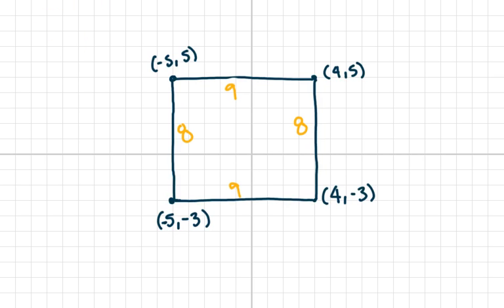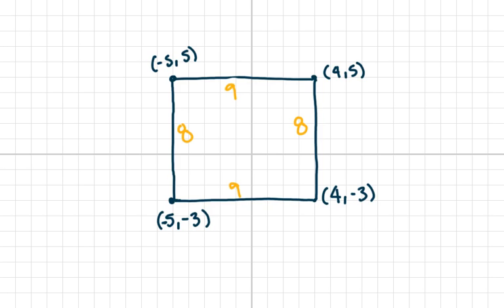So now I have gone ahead and written in the lengths of each of our line segments. We have 2 line segments of 8 and we have 2 line segments of 9. The next thing we're going to do is find the perimeter of this rectangle. When we are finding the perimeter of a rectangle or of a square, we're simply adding up all the sides.